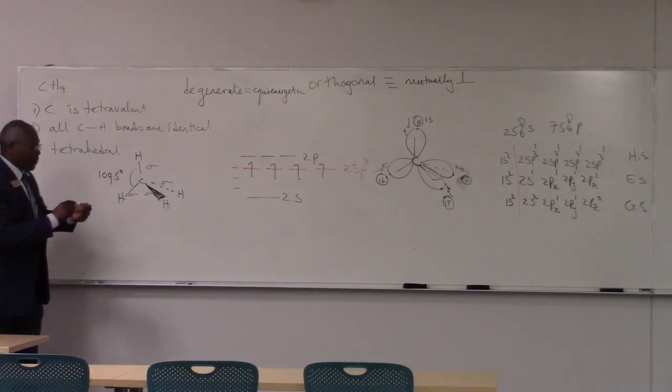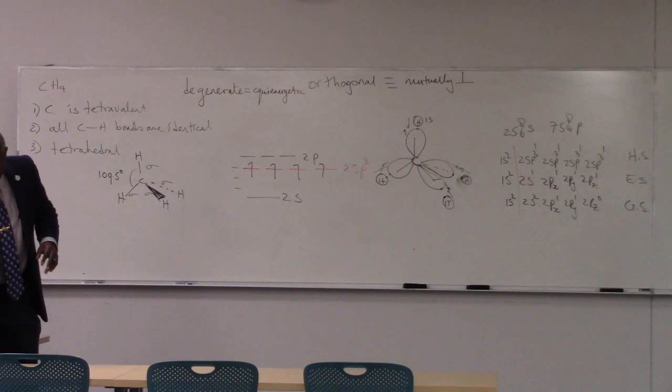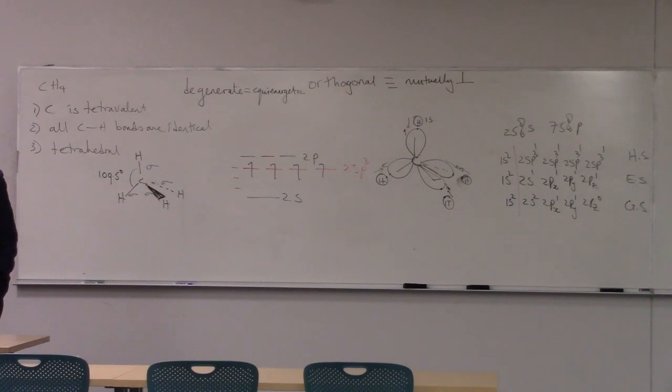So I end up with a tetrahedral structure because once I have single electrons in the sp3 hybrids, they determine the shape of the molecule. Those single electrons repel each other into a tetrahedron because you don't have to be pairs of electrons.